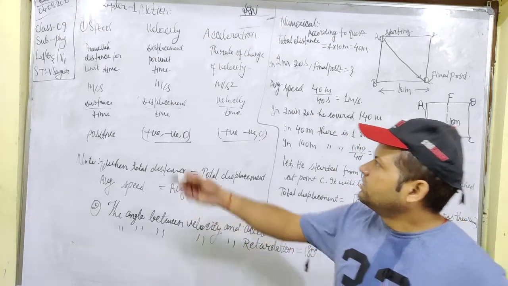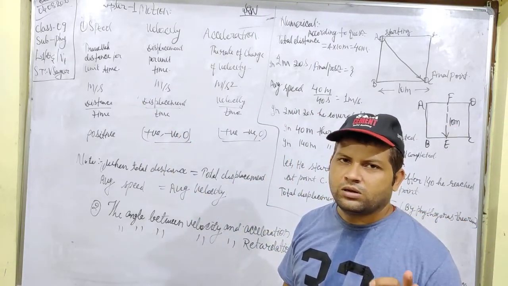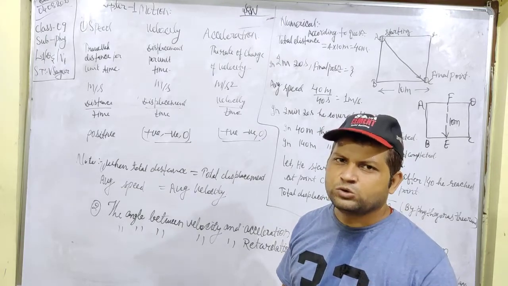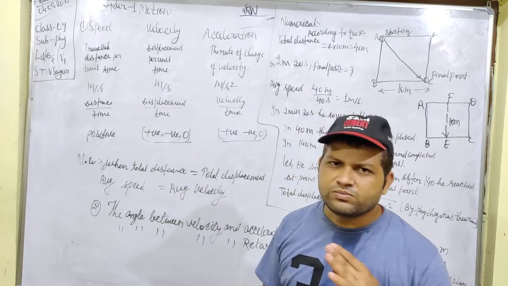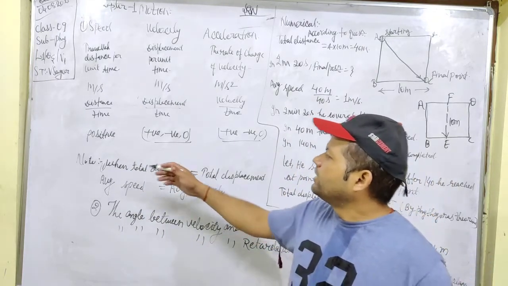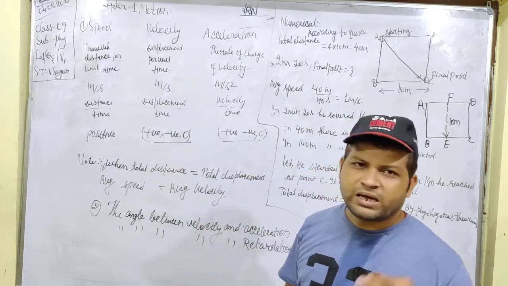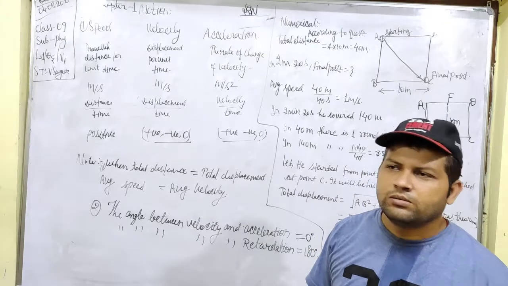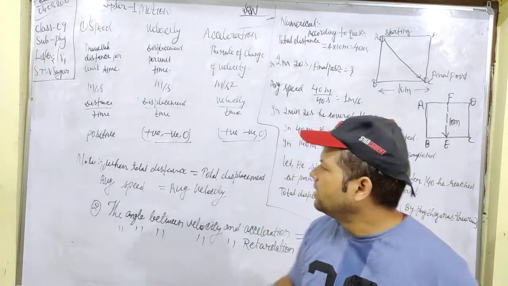Now, speed is only positive. The magnitude of a speed is only positive. It cannot be negative, though it may be zero. But the magnitude of velocity may be positive, negative or zero, right?